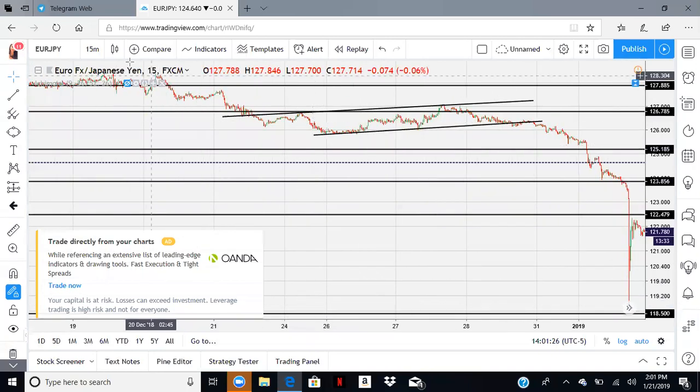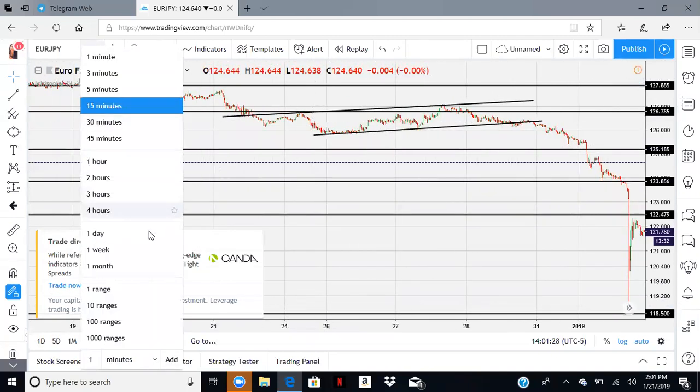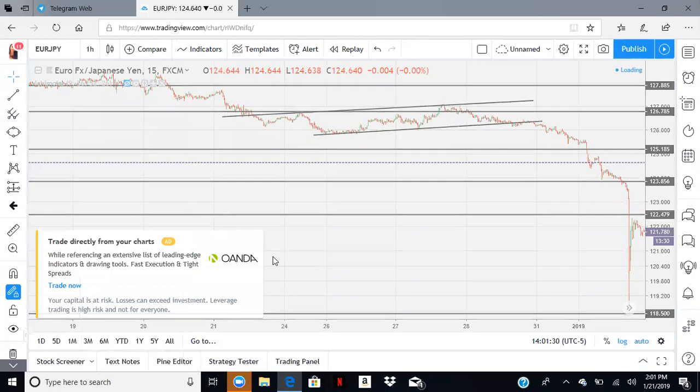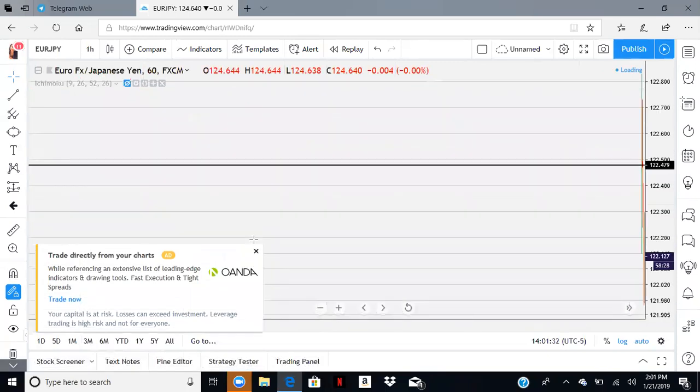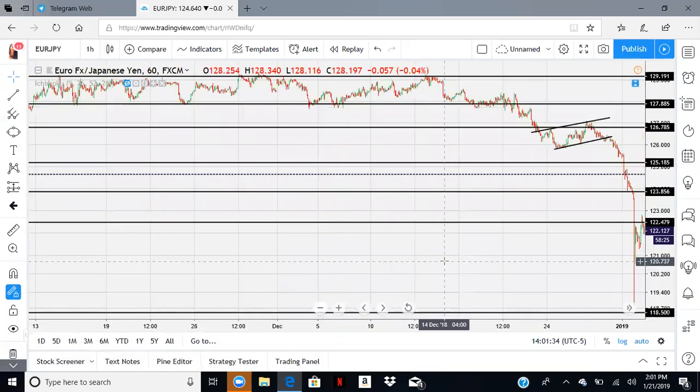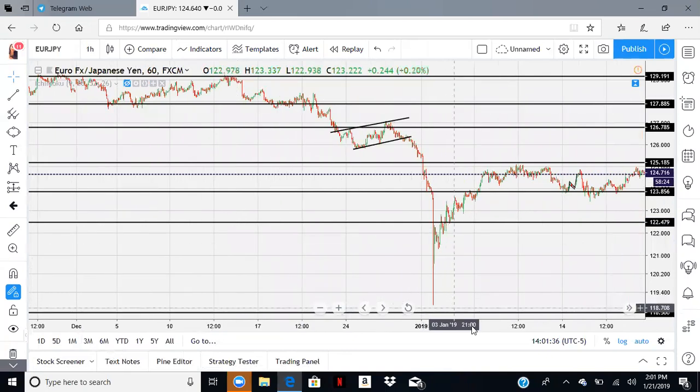I don't know why TradingView is acting up on me. So it doesn't always have to be a flag. We can just trap price. If you want to just catch any type of breakout, I personally like flags, but you can catch a breakout on any type of consolidation.